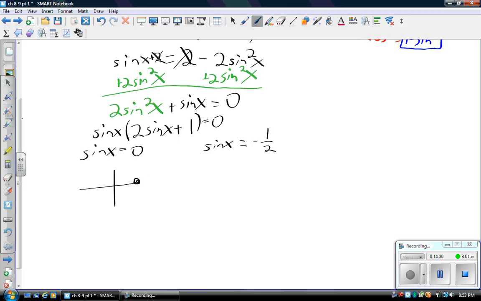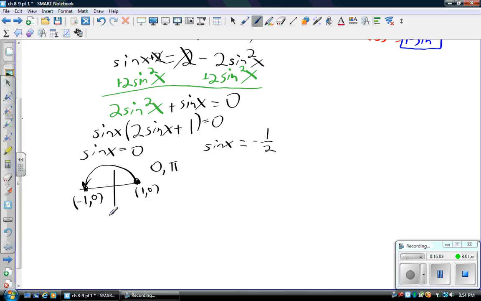Well, that actually happens right here, because those are the coordinates 1, 0, cos, sine. So I call that 0 radians. I know that's confusing. 0 the number or 0 the radian measure? Well, it's 0 the radian measure because we're figuring out what the angle is. The other place where sine equals 0 is right here at negative 1, 0. Again, cos, sine. That one is a rotation of pi radians.